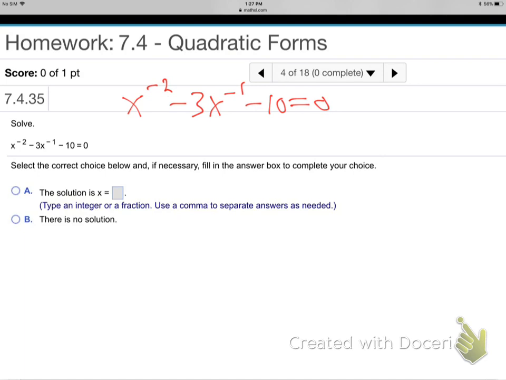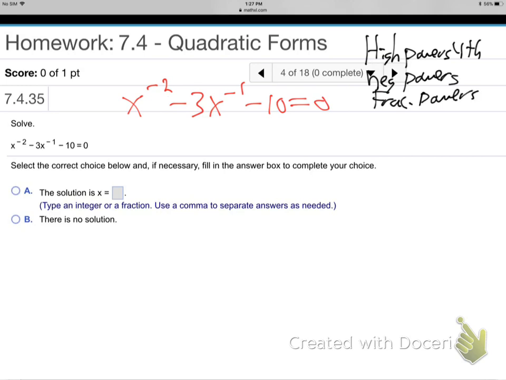So when you see weird powers, maybe instead of weird, that's not really a technical word, high powers like fourth, things like that, or negative powers, or fraction powers. That's what I mean by weird. Those are the kind where you're going to do the u thing.